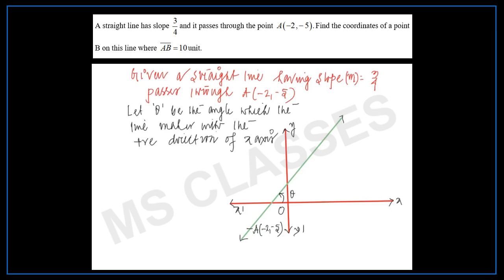Okay. Now, in this case, what is tan theta? Tan theta equal to 3 by 4. Now we have got tan theta, that is 3 by 4. This was given along with a point also.